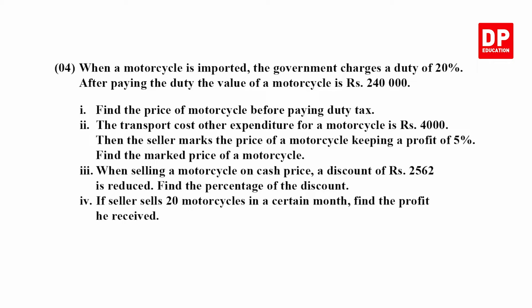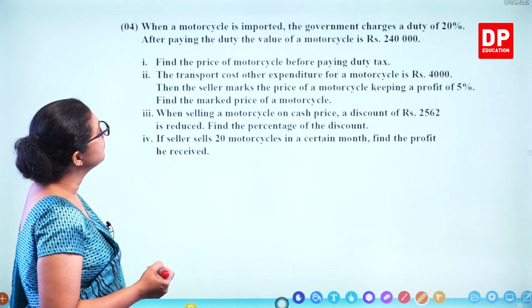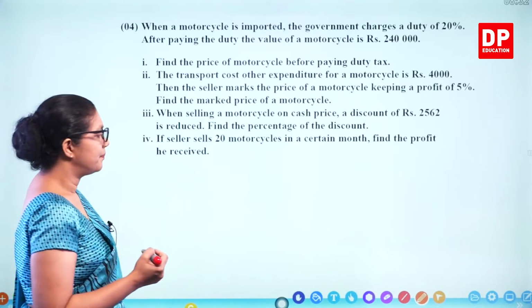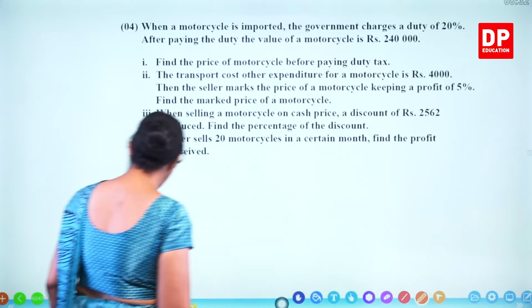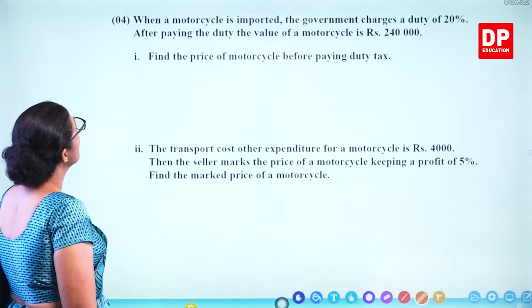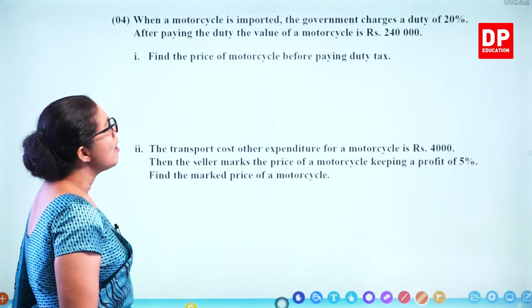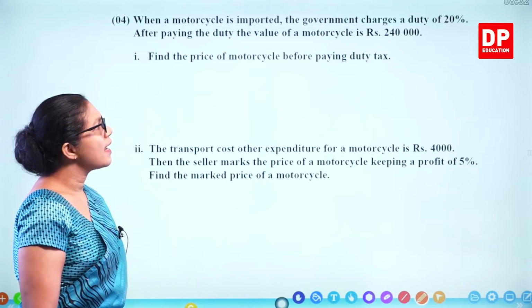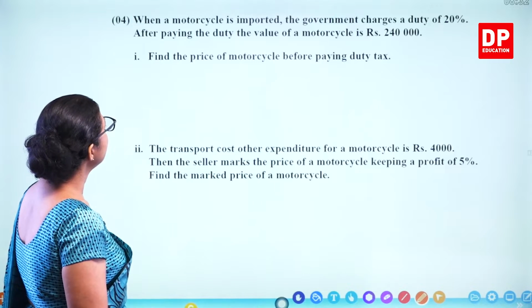Now you can try the 4th and 5th questions. Take the 4th one. So 4 parts are there. We'll do it step by step. When a motorcycle is imported, the government charges a duty of 20%. After paying the duty, the value of the motorcycle is 240,000 rupees.